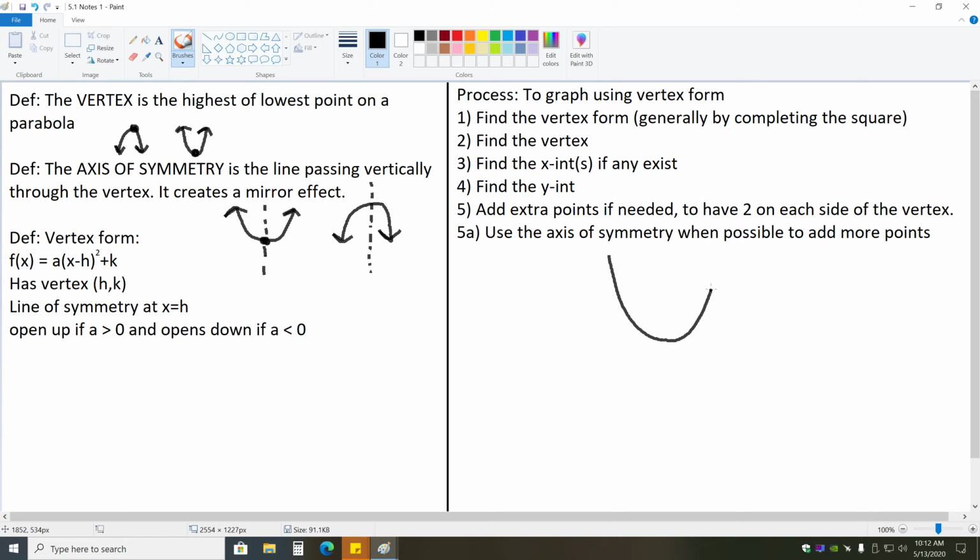So if you were to look at your parabola, you should always have the vertex, and then you should always have 2 points on each side such that they match using the axis of symmetry. In general, your graph will always resemble this concept that you see in this picture here.